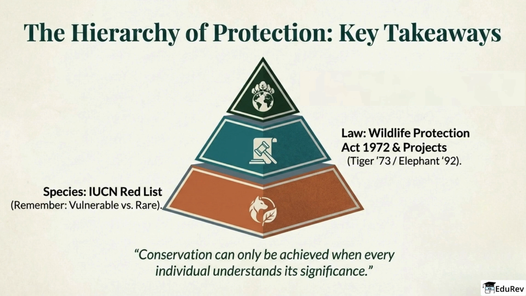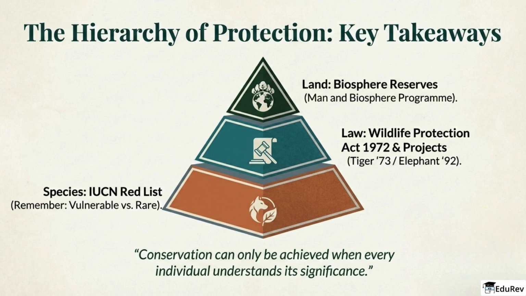And at the landscape level, remember biosphere reserves under the Man and Biosphere program. This is the structure you should carry into the exam: species classification, legal protection, landscape conservation. That is the full pyramid. And once that pyramid is clear, this chapter stops feeling scattered and you are exam ready.